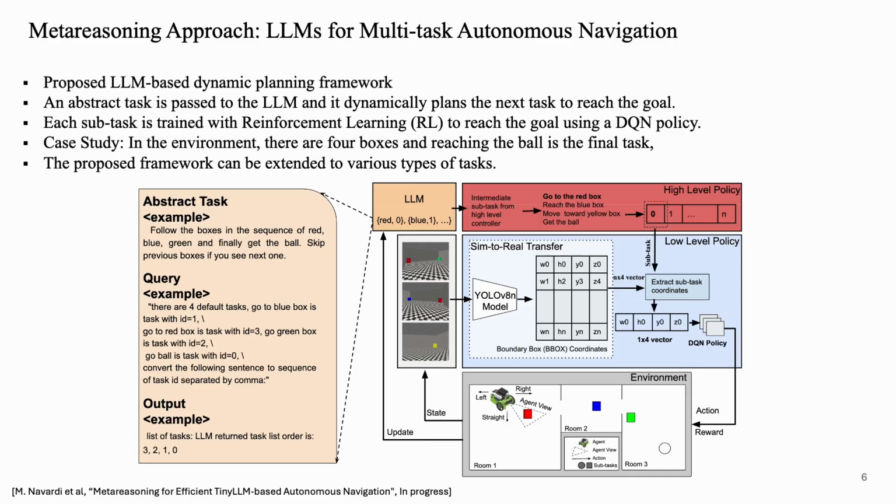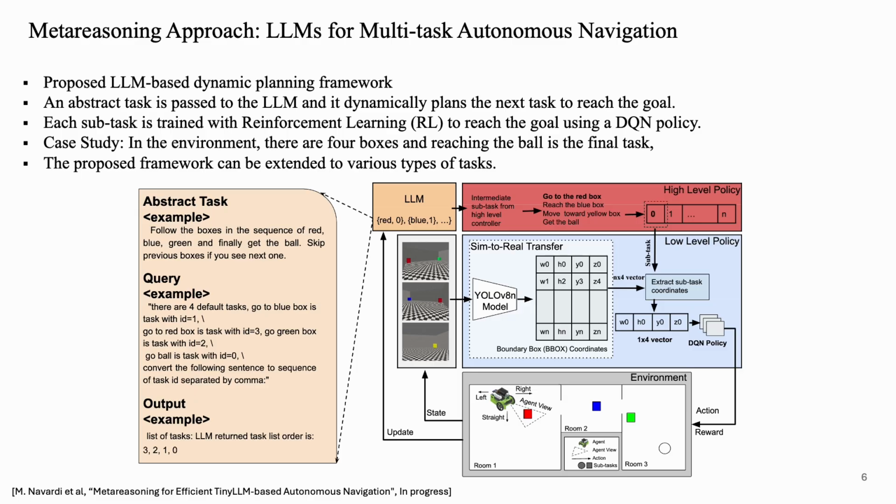Each of these subtasks is handled by a low-level reinforcement learning (RL) policy, in our case, a DQN policy trained to navigate to specific objects identified by their bounding box coordinates. The architecture is divided into 2 layers: the high-level policy, where the LLM selects the next subgoal based on the abstract task; and the low-level policy, which uses object detection via YOLOv8n and sim-to-real transfer techniques to carry out the navigation for each subtask.